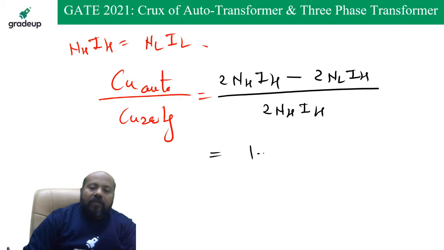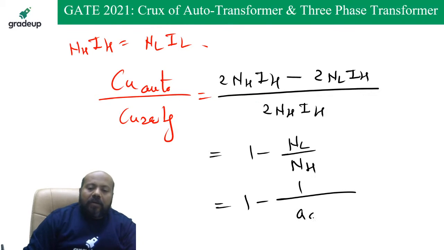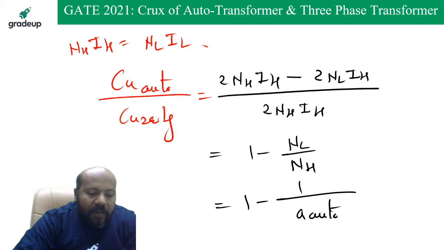Simplify this, you will get 1 minus NL upon NH. So this is going to be 1 minus 1 upon the auto transformer turns ratio. Everybody just tell me, are you able to follow this or not?